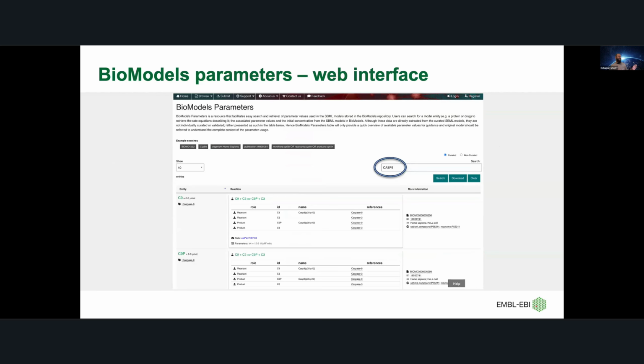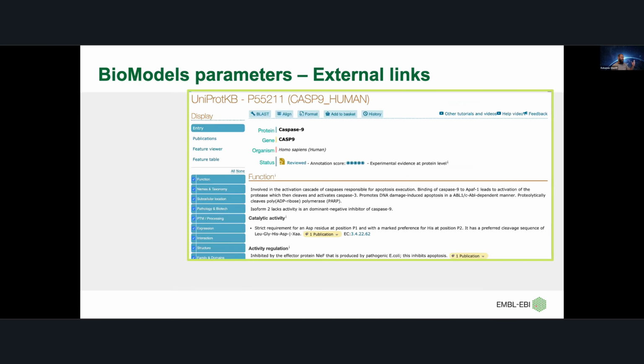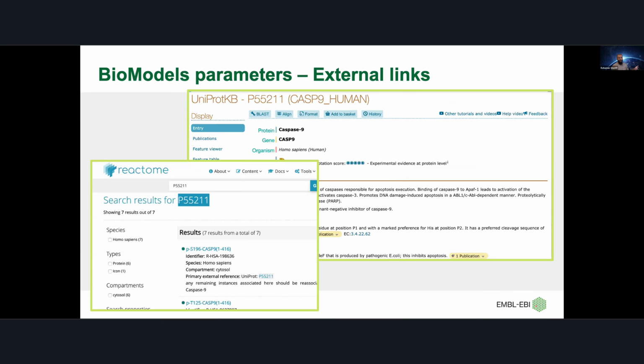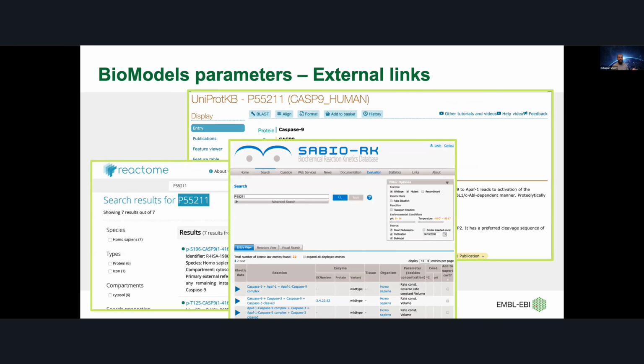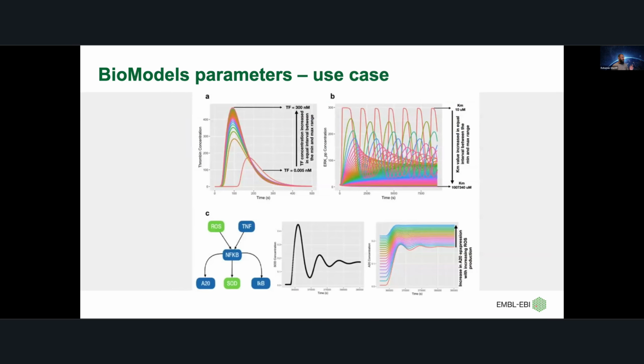It is going to give me all the reactions in which this particular protein is modeled and the rate equations, and you can get further information about this protein if you click on the external links on the right hand side. It will take you to, for example, UniProt to give more information about the protein. You can go to Reactome to get more pathway information about this protein of interest, or you can go to SABIO-RK if there are experimentally derived kinetic parameter values.